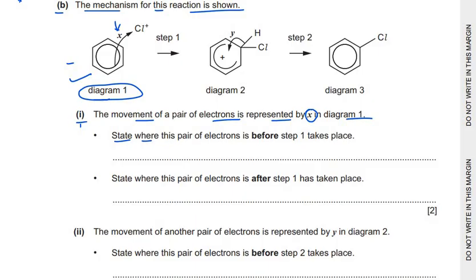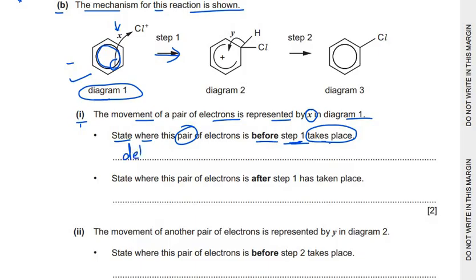Now state where this pair of electrons is before step 1 takes place. Step 1 is this one, where the movement of electrons is happening. Before step 1 takes place, this pair of electrons is present in the delocalized system of benzene.